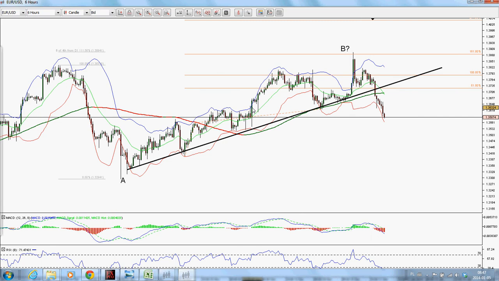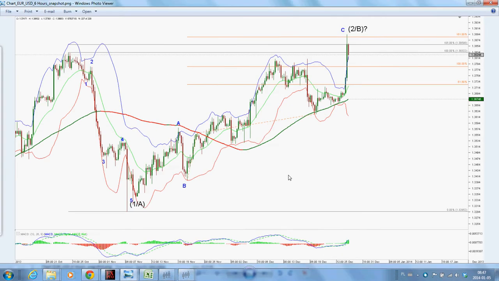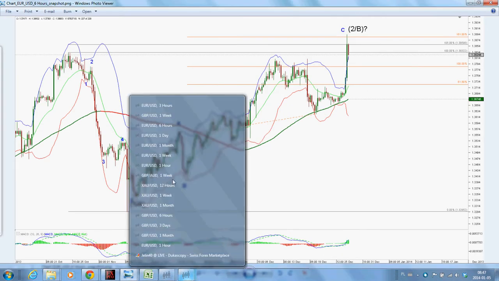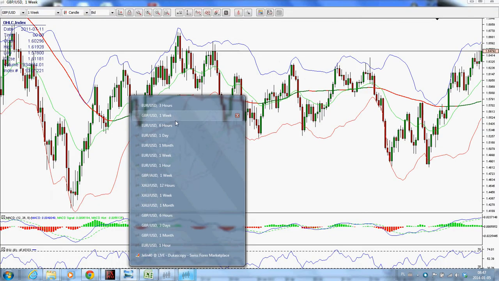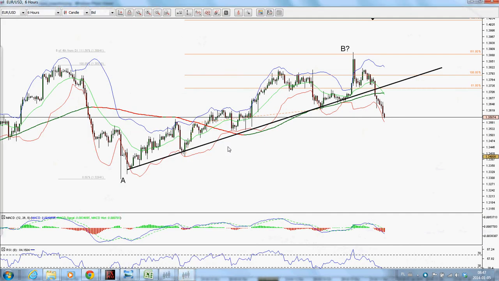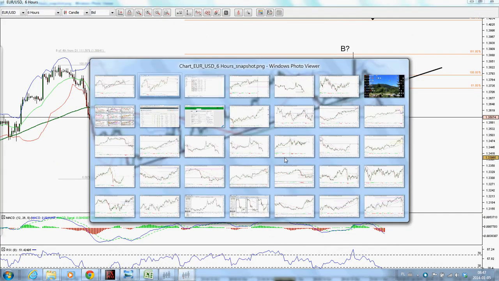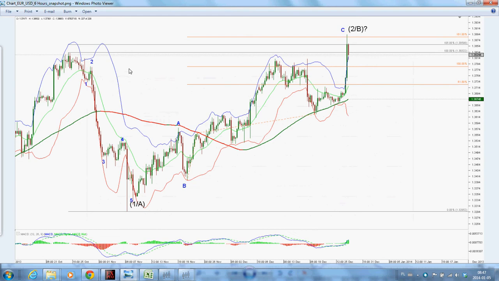So this is how I treat it. As mentioned at the beginning, I have to rebuild those charts, but fortunately I've got some screens, and this is one of those screens when this C wave was developing. Here you've got the explanation for the A wave.